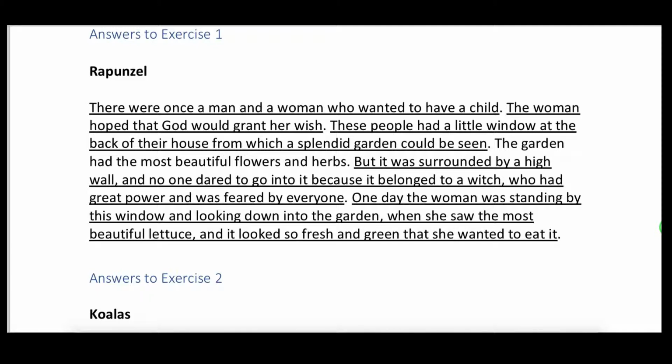One of them is, there were once a man and a woman. The other one is, who wanted to have a child. Now, I know what you might be thinking right now. Maybe you're thinking, hang on, who wanted to have a child looks like a rank-shifted clause. But it's not. In fact, who wanted to have a child is what is called a non-defining relative clause in traditional grammar.